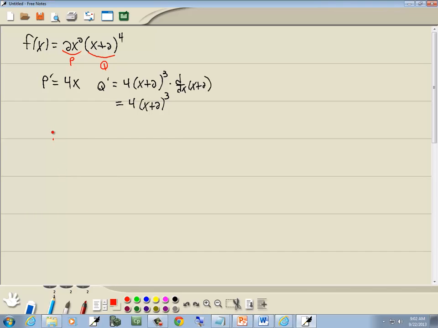Okay, our formula is p prime q plus p q prime. So for our first derivative, p prime was 4x times q, which was x plus 2 to the 4th, plus p, which is 2x squared, times q prime, which is 4 times x plus 2 to the 3rd.